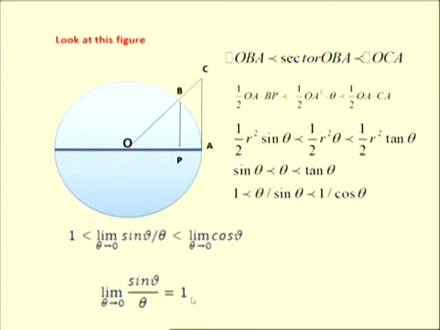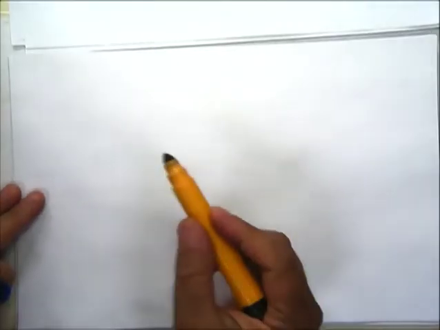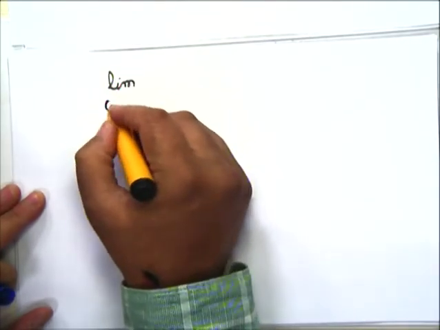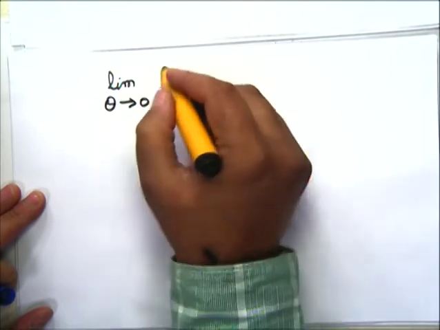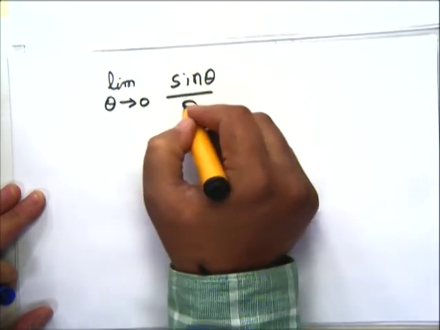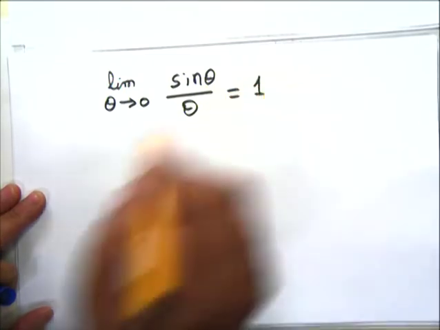Now you just look at the tabletop. Again we are using it. What is important? Limit theta tends to 0 sine theta upon theta is equal to 1.